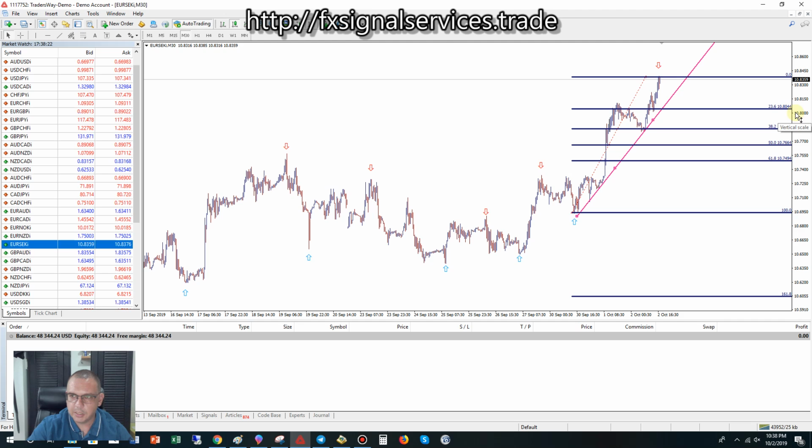So that's actually a perfect entry point. And then I could put my take profit a little bit below here. So this is the entry, this is your strike rate, and then this would be your take profit a little bit above. And you already have a tick mark here at 10.7850. I could use that, or maybe 10.7860, a little bit higher.